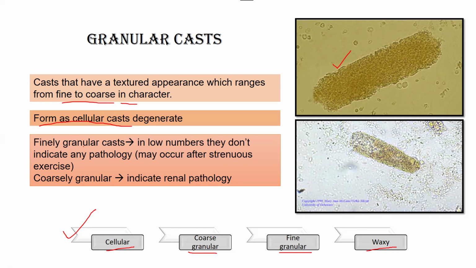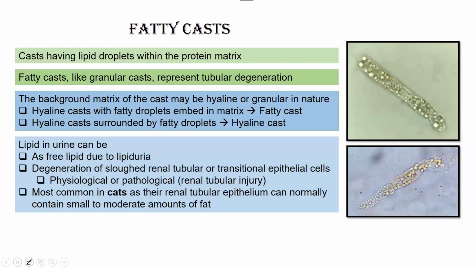So this is a sequence. Also, fine granular casts in low numbers do not indicate any pathology. They may also occur after strenuous exercise. But if you see coarse granular casts, they do indicate renal pathology, and you should get alert that it's a red flag if it appears in your animal's urine.